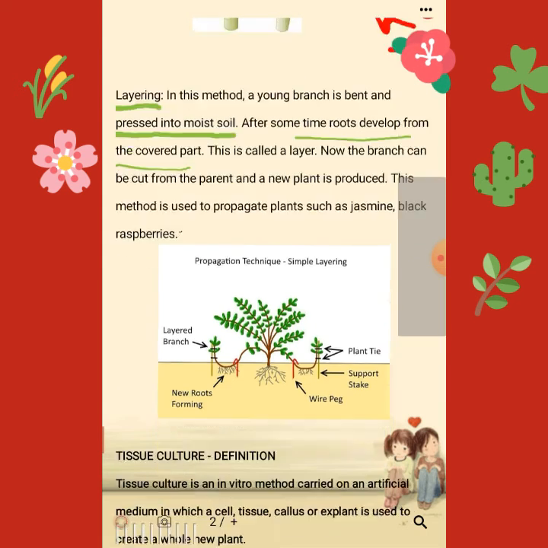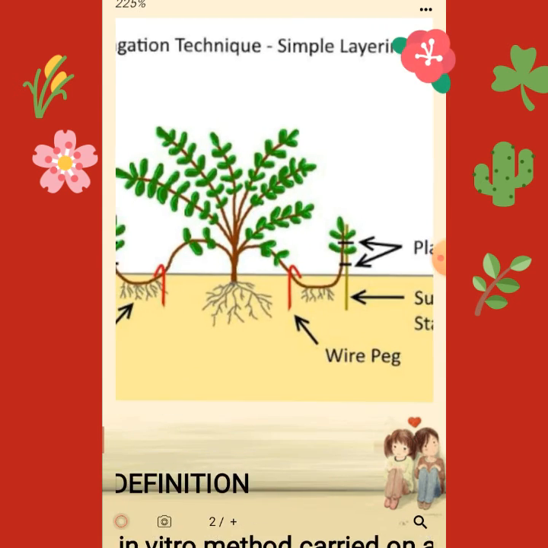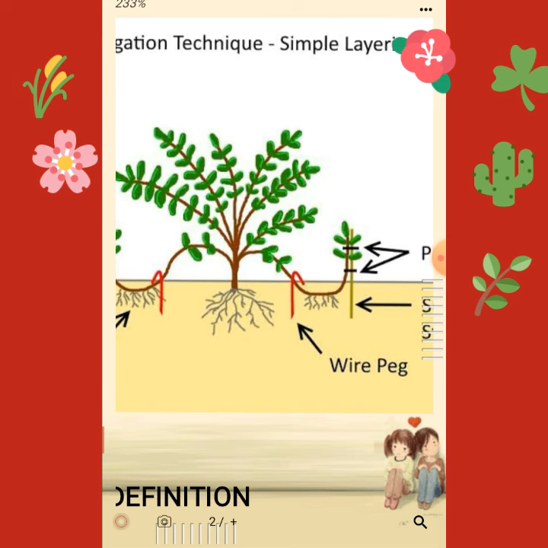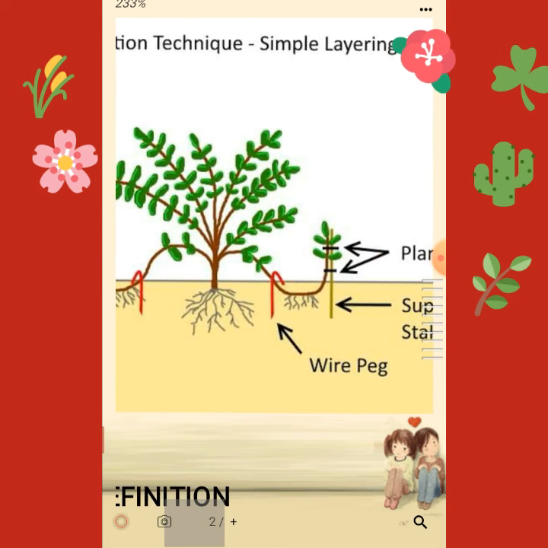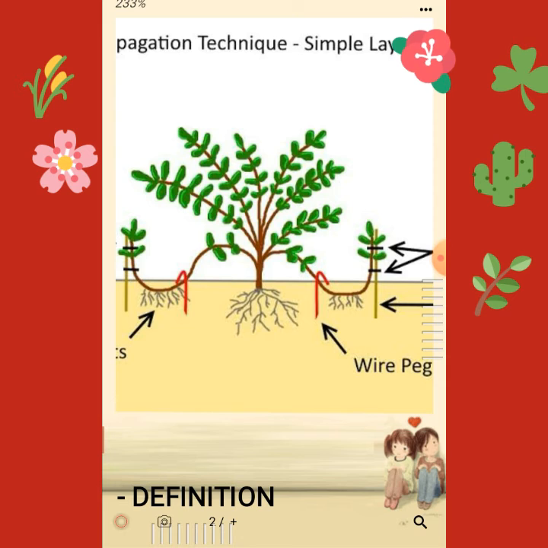Suppose you see this picture clearly, then you will understand that. For better understanding, I am zooming it and showing this. Here, this is the parent plant. The branch which is near the soil can be given a bend, and here we can keep some weight on this. So after a few days, the part of the parent plant which is in contact with the soil starts growing roots.